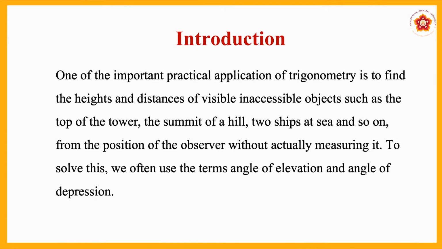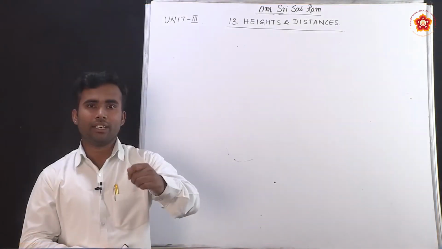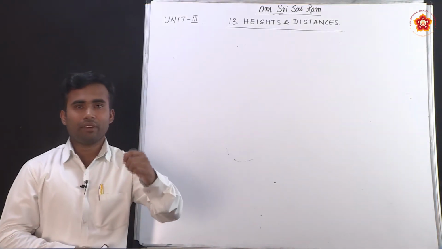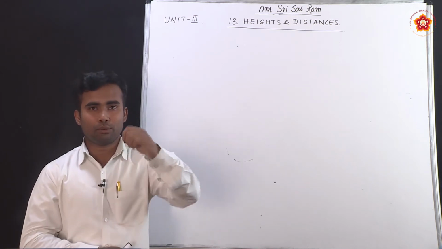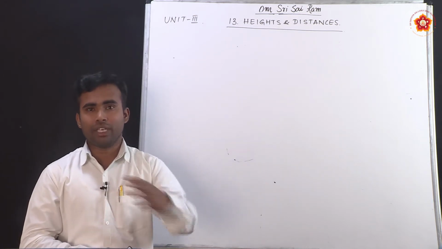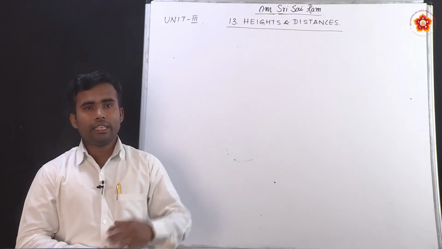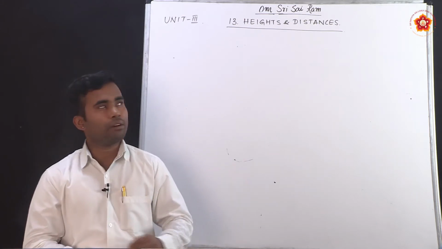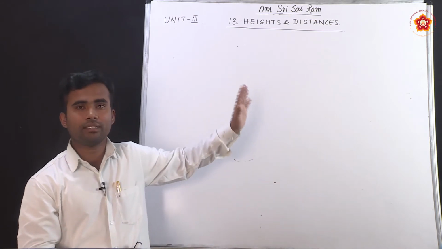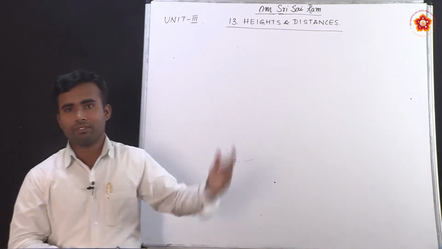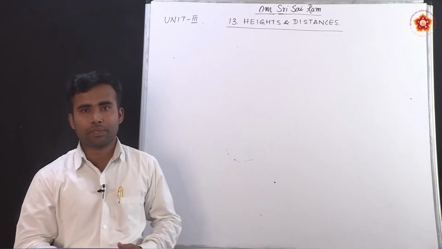With the kite in the air, we can't really put a scale and measure the distance of the kite which is flying in the sky. So in such problems we have to use the concept of heights and distances with the concepts of angle of elevation and angle of depression.